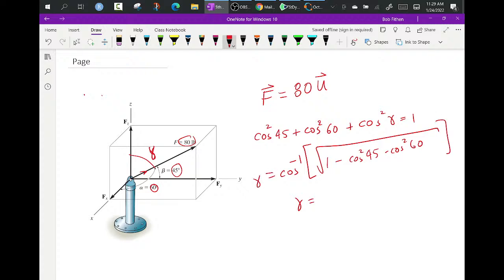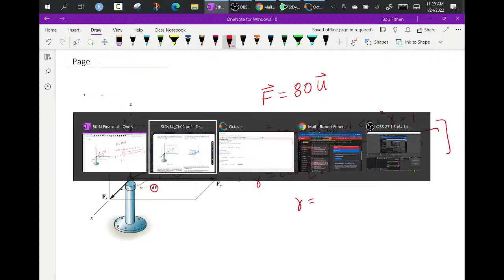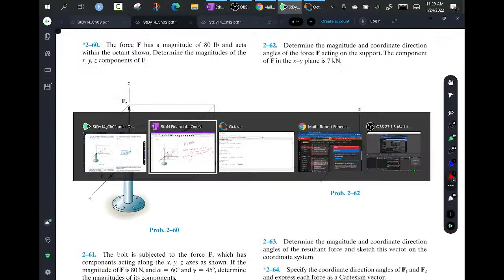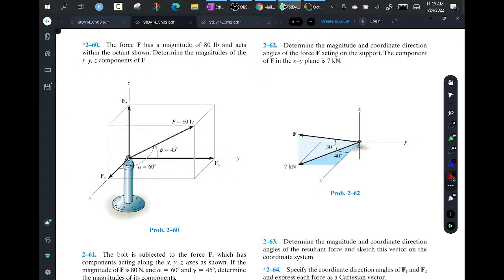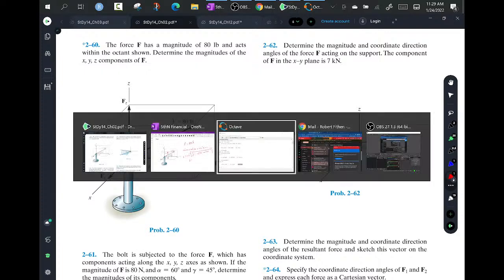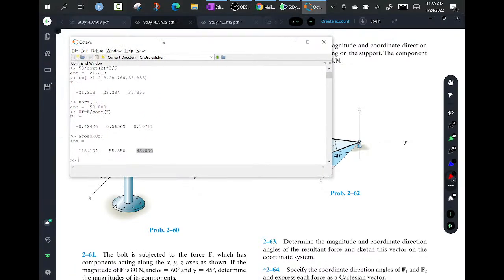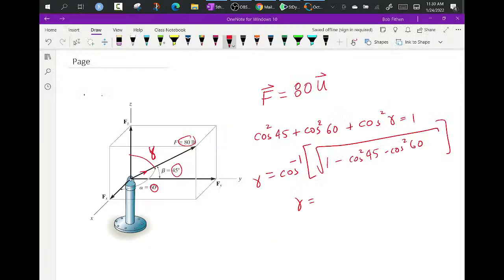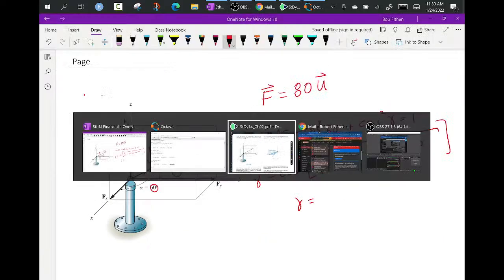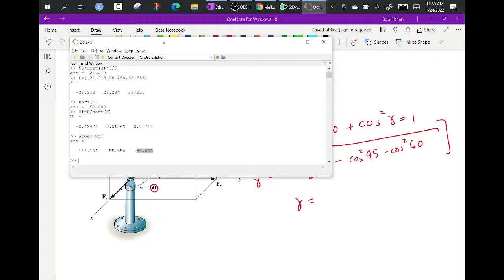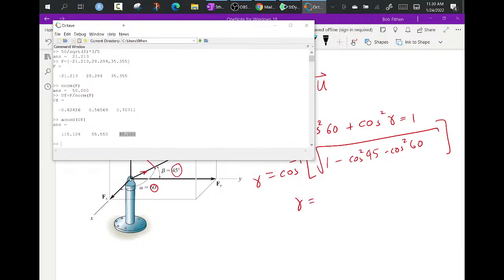So let's see if I can put that in the calculator. Oh, that's wrong. Okay, go back to here, and then go here. Oh, but I've got the wrong thing under me. Here we go. Okay, so come up here.